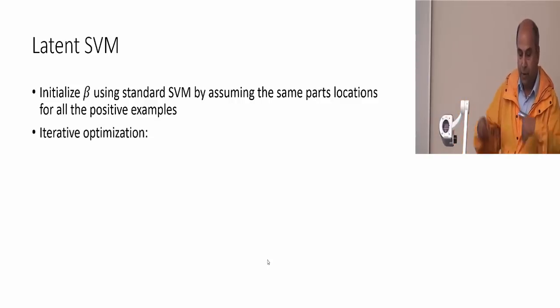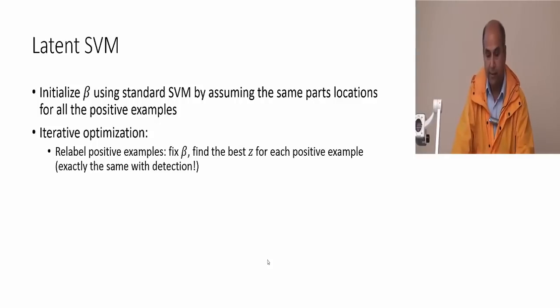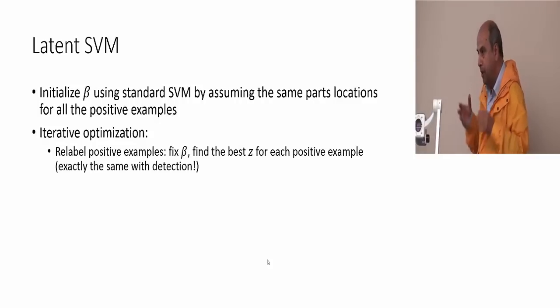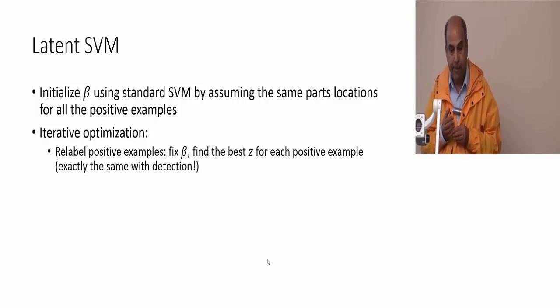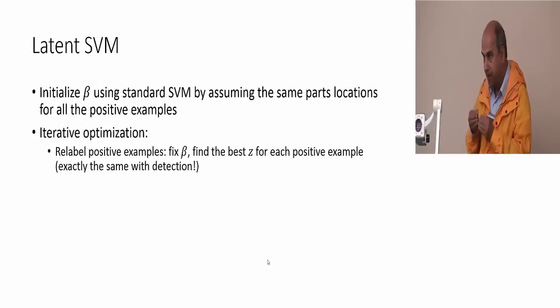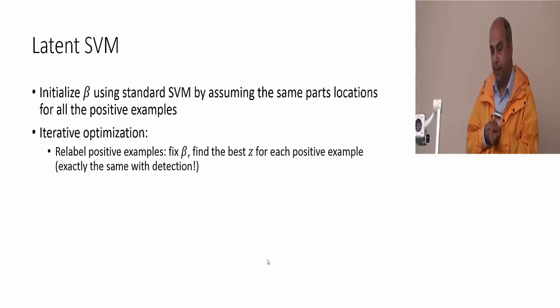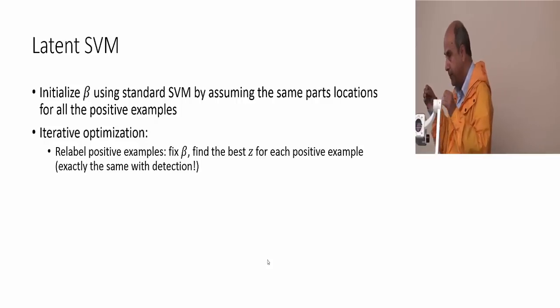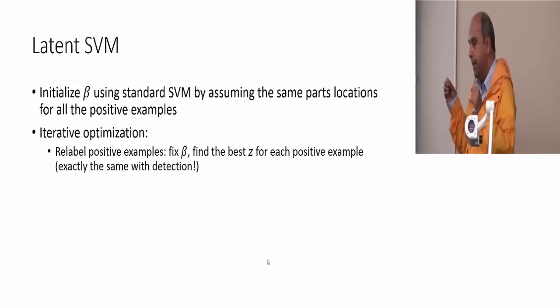Then we will do iteration, and using the model we learned, the beta, we are going to look at all the positive training examples, and in that we will fix the beta, which means these filters.